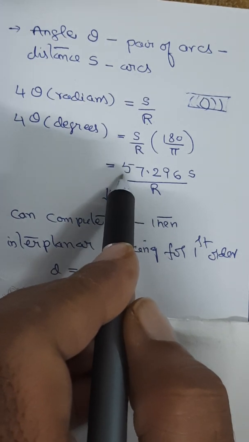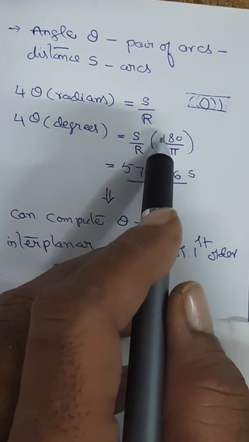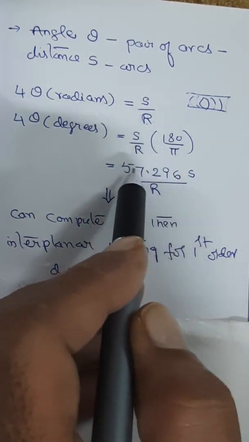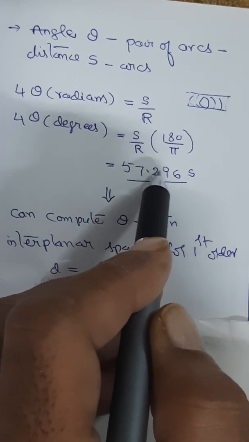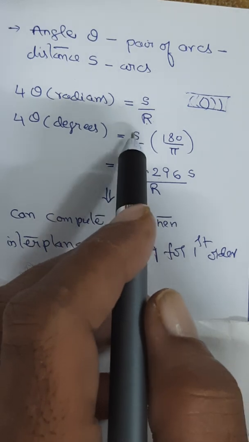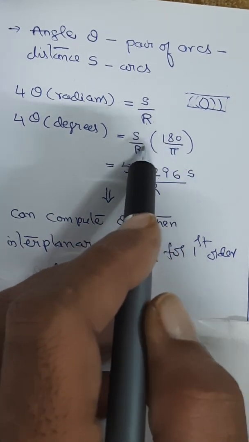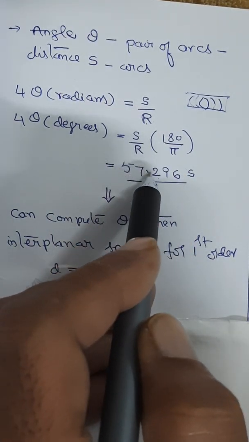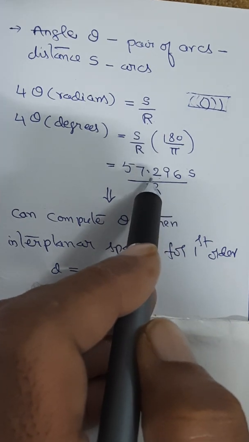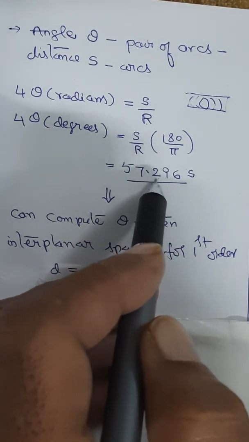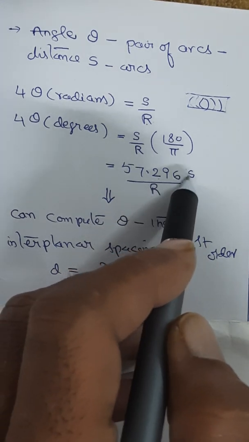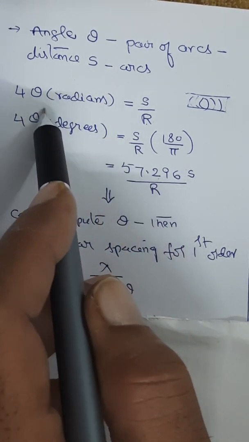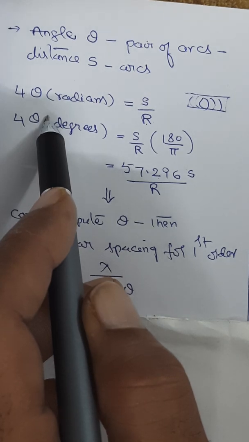When you simplify S by R into 180 by pi, it comes to around 57.296 by R into S. That is, 180 by pi is equal to 57.296. We can substitute the value of the radius of the camera here and the distance measured, so we can get the glancing angle theta.